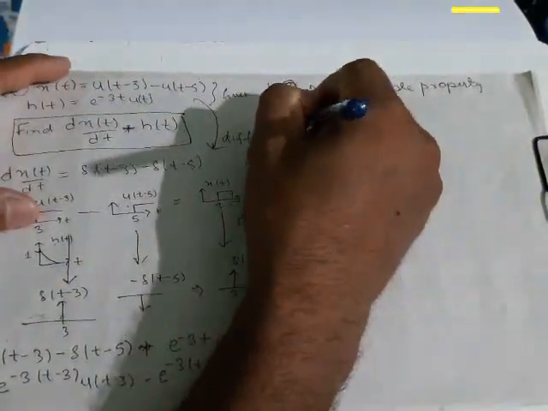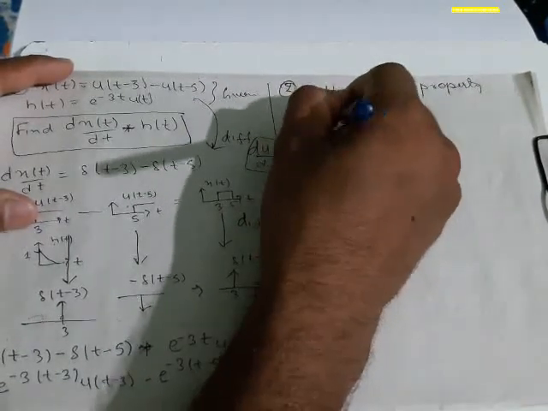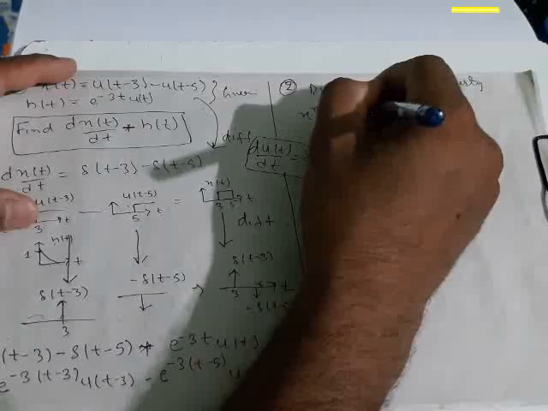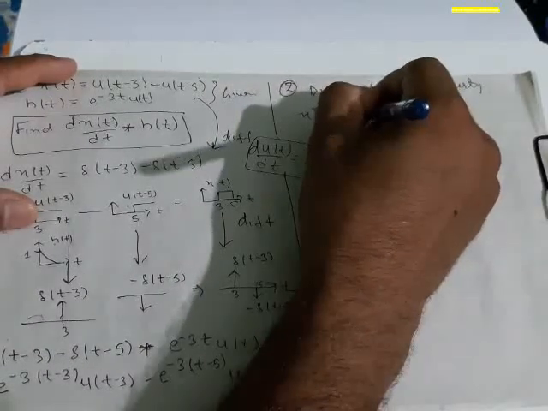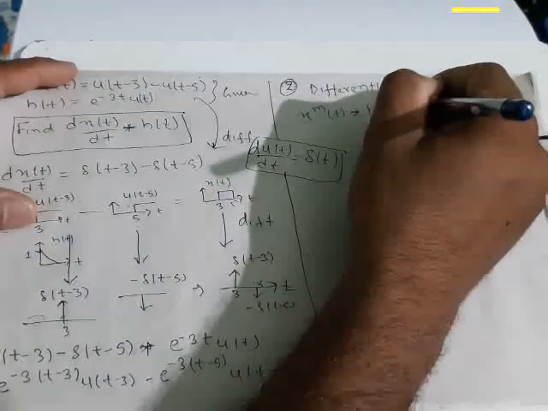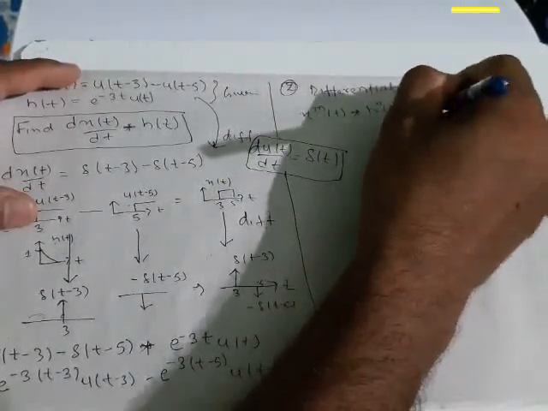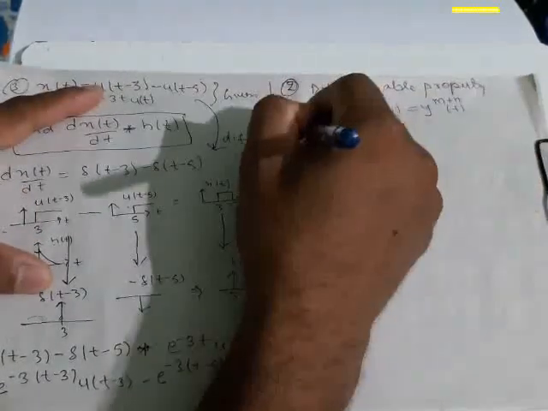Now we'll see the next property of the convolution. Fourth property is reversal property. That is basically the folding property.